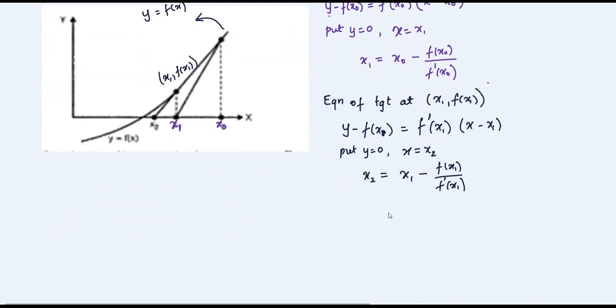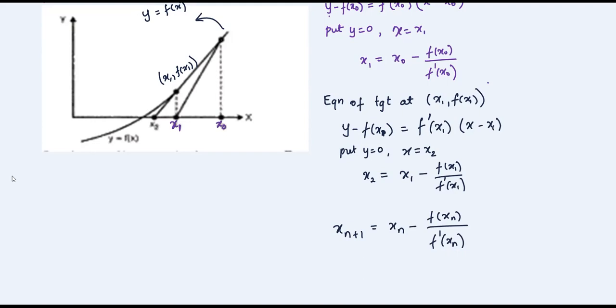So this is how you have to derive the steps. Like this, the nth step will be xn minus f of xn by f dash xn. Only thing is, the function has to be a differentiable one. And because we are using tangents, we go very fast to the root and we get the root of the equation.